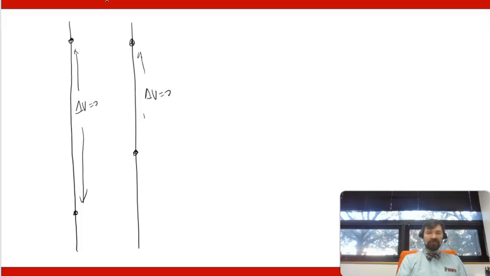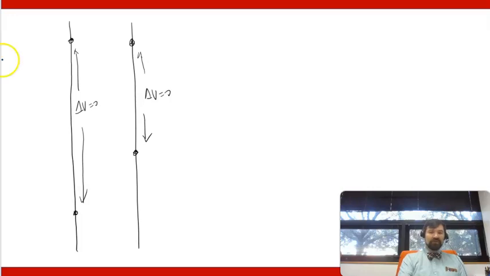And likewise, if you were to put one lead right here and another lead right here, this would be delta V 0. So this right here, delta V equals 0. This right here, delta V equals 0.